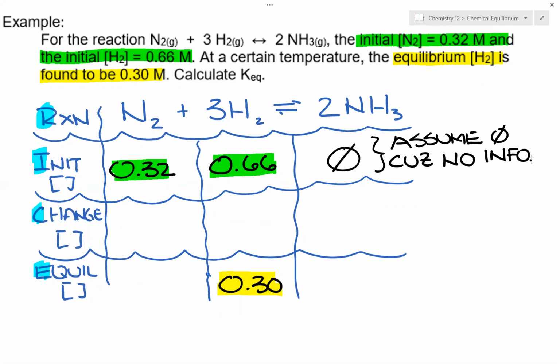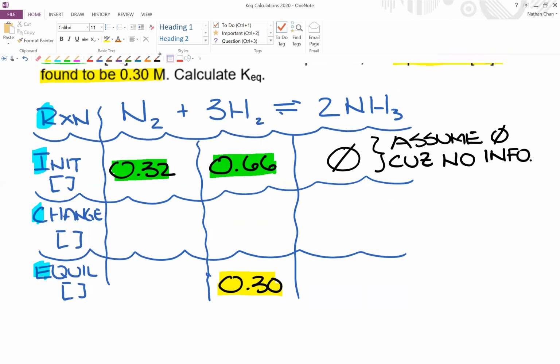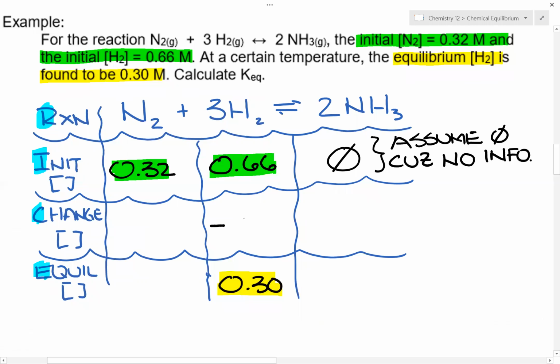Now, the next thing is, where is the change? So some of you might say, oh, Mr. Chan, the H2 went down. It went down 0.36. Because how did we figure that out? To go from 0.66 down to 0.30, it must have gone down. Yes.